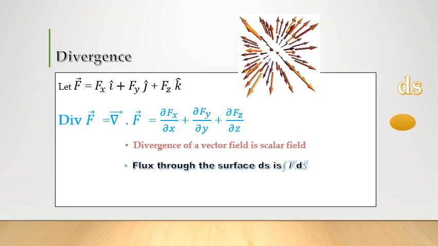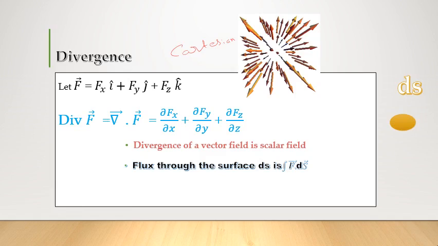Let us formally define divergence in Cartesian coordinates. It can be defined in other coordinate systems also, but right now we are interested only in the Cartesian coordinate system, that is XYZ.